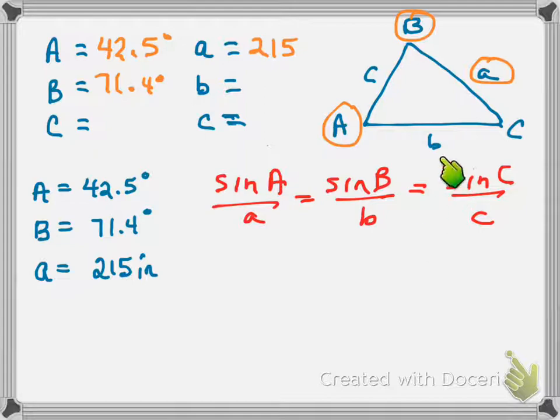All right, so I have a pair with A, so I'm definitely going to use this one. And let's see, what else do I know? I know angle B, so I'm going to use these two. I'm not going to use this one to start off with.